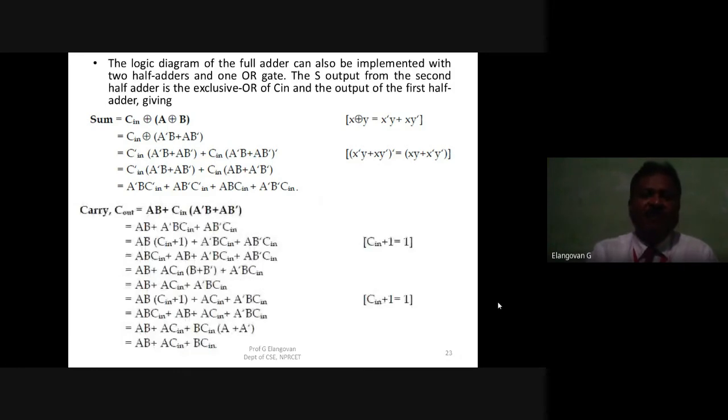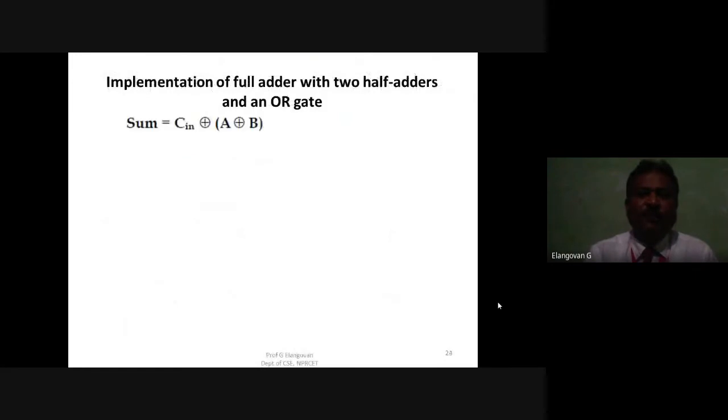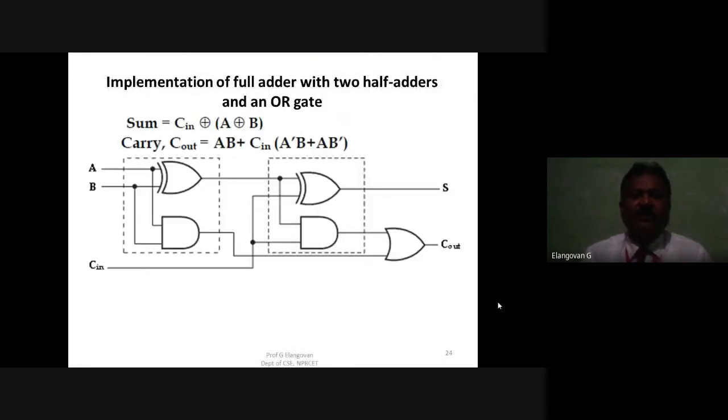With the help of this simplified Boolean expression, we got the sum and carry like this. There are two half adders, and the XOR output of the first half adder is given to the second half adder, and the final output will be the sum.